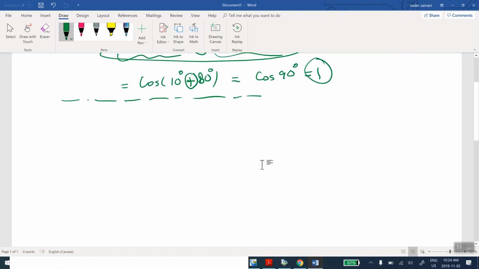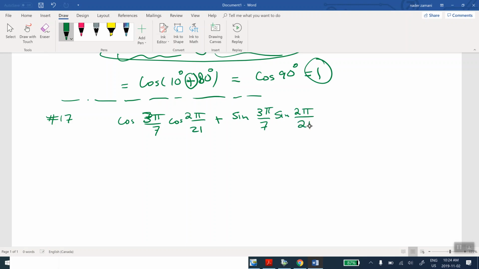Okay, let's do another one, 17. We have cosine of 3 pi over 7, cosine of 2 pi over 21, and then there's a plus sign, sine of 3 pi over 7, sine of 2 pi over 21. Cos, cos, sine, sine with a plus sign in between means it was cosine of 3 pi over 7 minus 2 pi over 21, because when this is a plus, this is a minus.